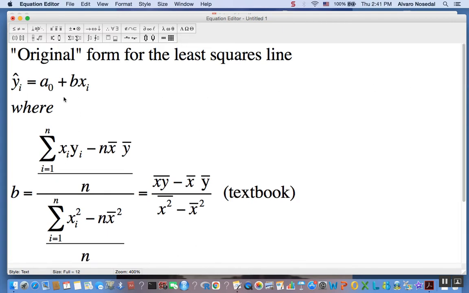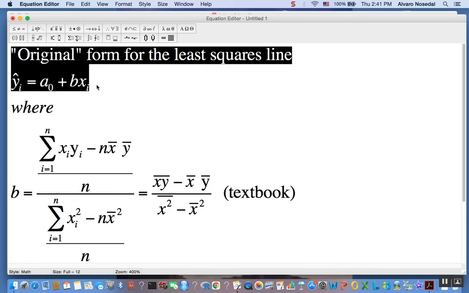So now what we're going to be talking about is an alternative form of the least squares regression line.